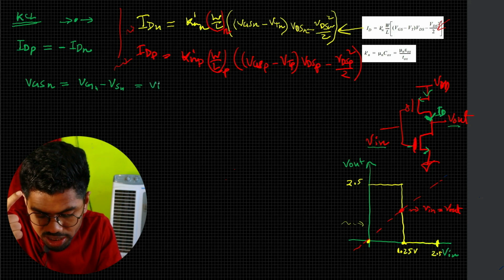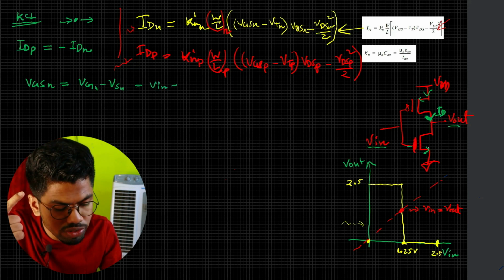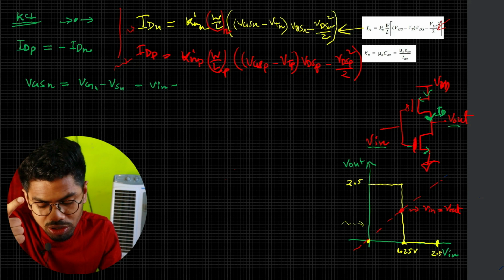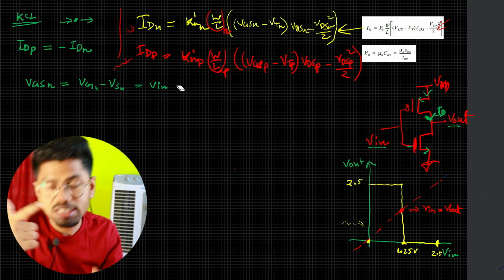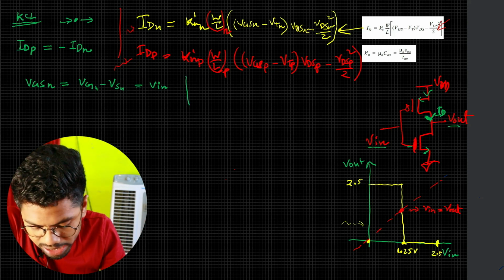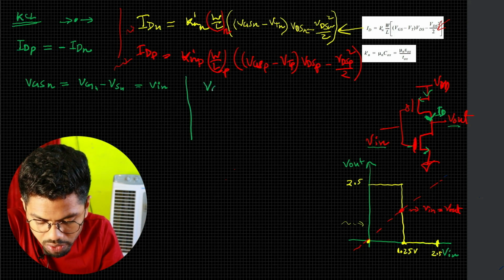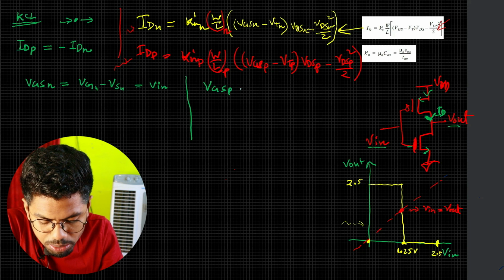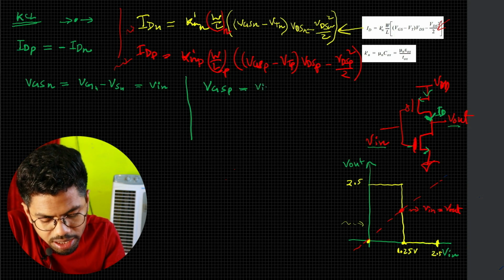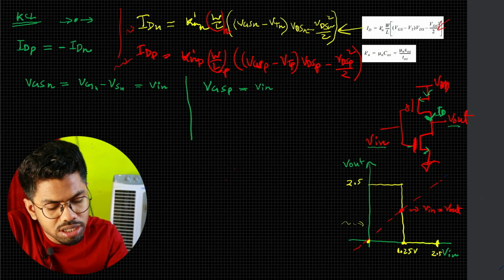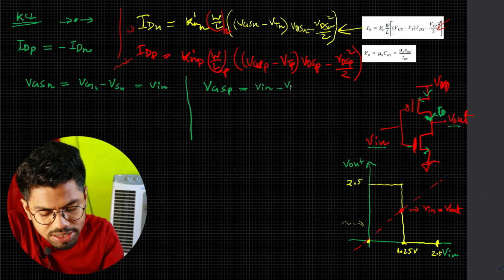It is your V in, and at the source of NMOS, it is your ground, or it is 0. So that means our VGSN is V in directly.